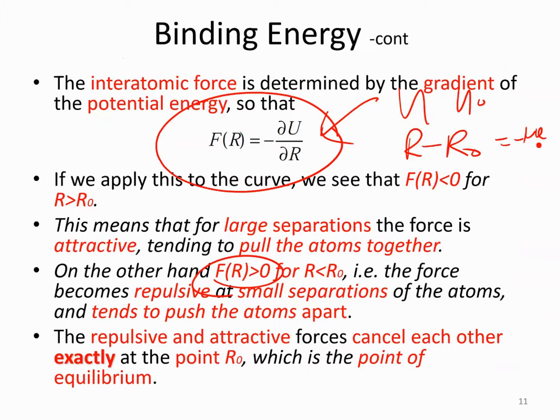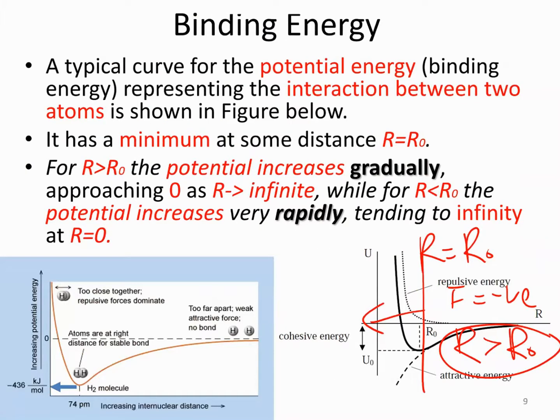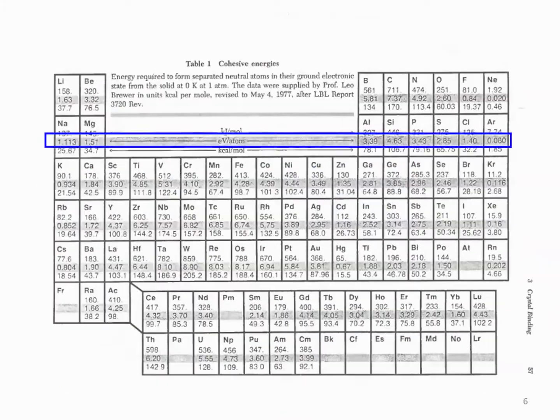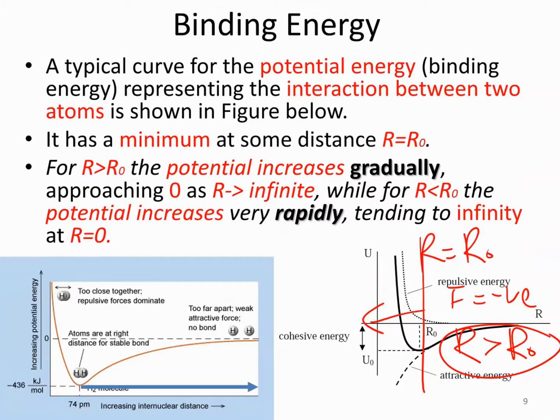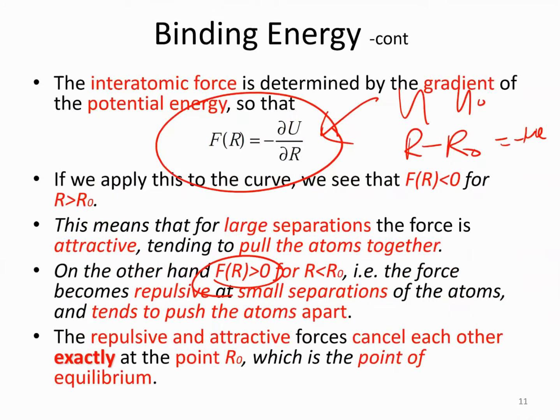How about U and U naught? U naught is much larger negative, and U is smaller negative, right? So U minus U naught, you will get negative.